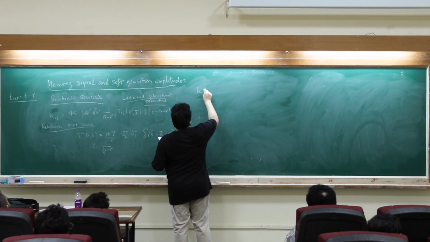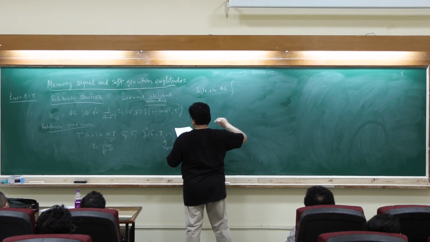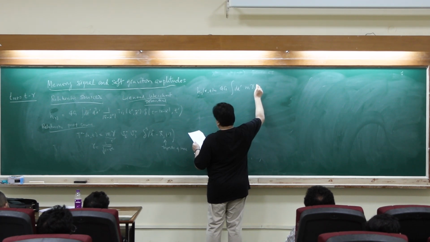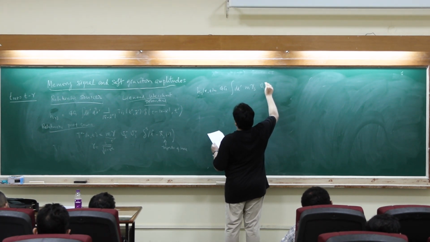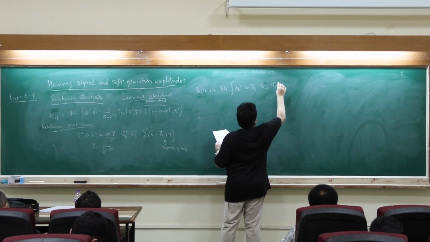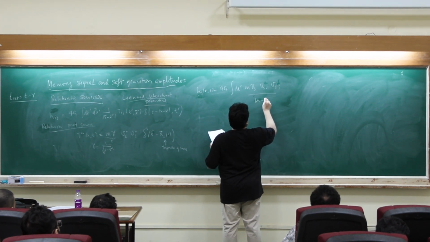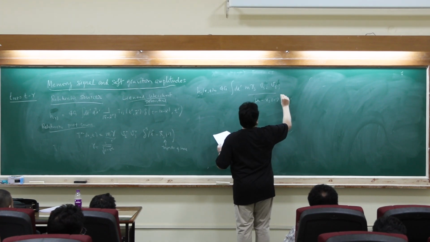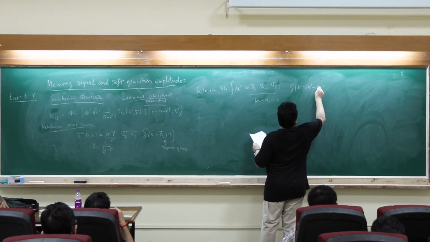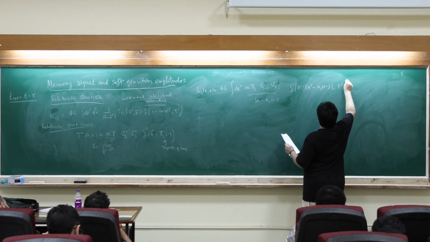So Hij of x and t will be 4G times the integral dt prime m gamma_s Vs^i Vs^j, they should be written, times the Green's function.